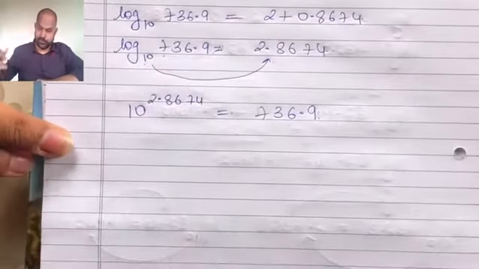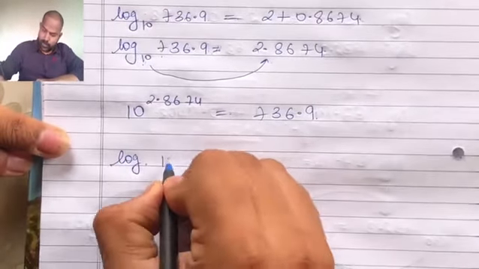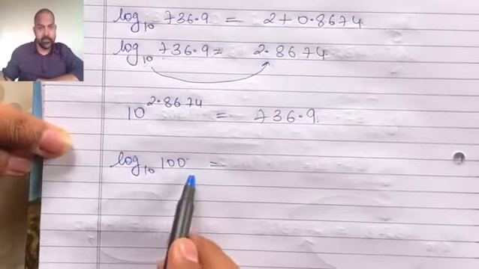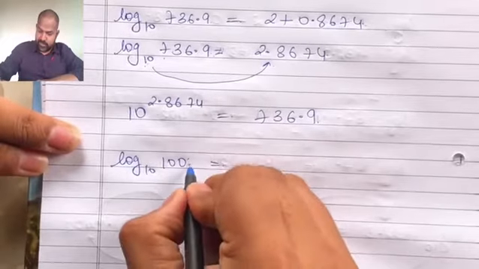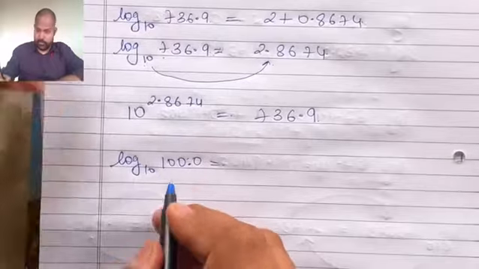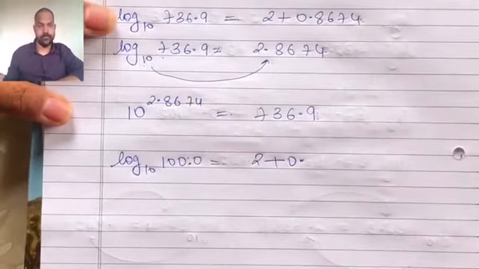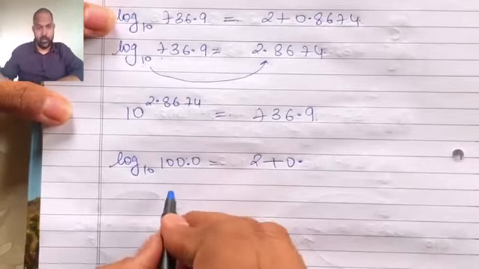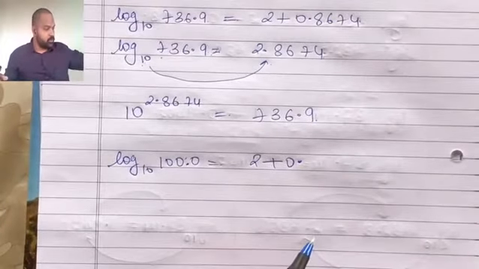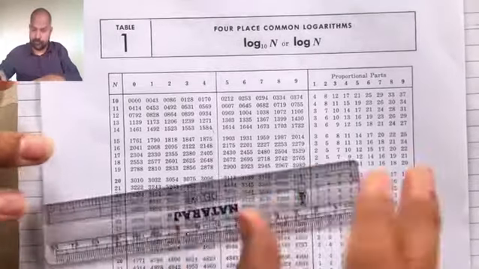Then can I ask you something? What is the log of 100 to the base 10? 100 has 3 places before the decimal, then the decimal is here, it is 100.0. 3 minus 1 is 2, plus the mantissa. Without the decimal, this number is basically 1000. So if I am looking for 1000 in my sheet, 1000 is going to be 10 and 0, 0, 0.